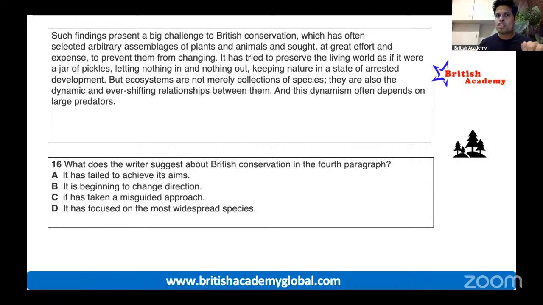This is the closest because their approach is keeping everything locked, collected, stored, arrested, not letting the scope to increase. And that can be considered as a misguided, a negative approach. It has focused on the most widespread species. They haven't said anywhere that the focus is only on the widespread species, and that's the reason the correct answer for this turns out to be option number C, that there has been a misguided approach that has been seen.